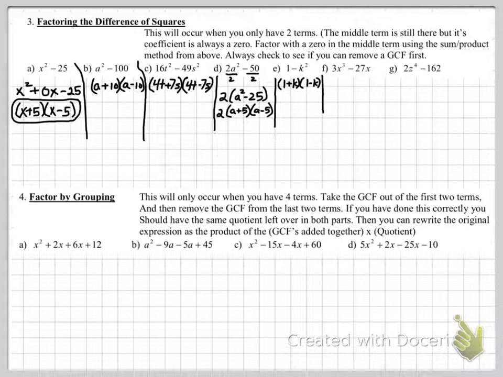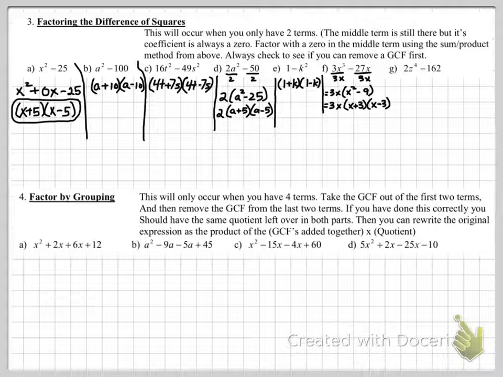This time it's going to be 3 and an x, so I can divide both of these by 3x. That's going to leave me with 3x times x squared minus 9. And that means that I can factor 3x times x plus 3 times x minus 3. And we're done.